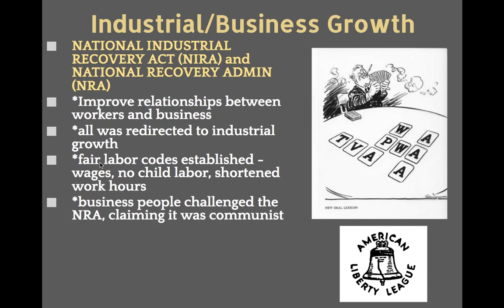Some of the issues it tackled were labor issues that we've been talking about since Unit 1: child labor, shortened work hours, overall improving conditions to make people want to work in the industry. Now, this is the first time we begin to see something. We talked about FDR being very radical compared to people like Herbert Hoover and Calvin Coolidge.